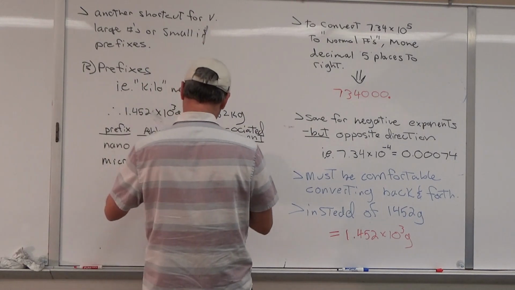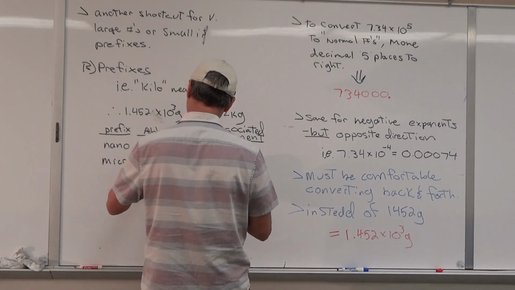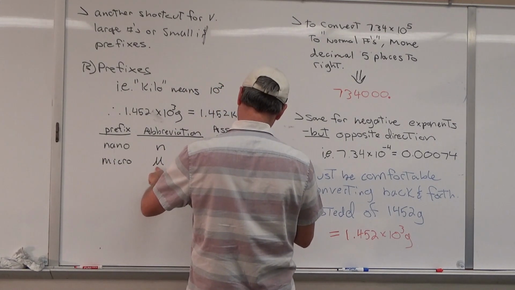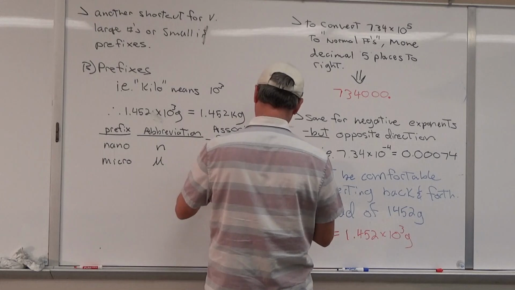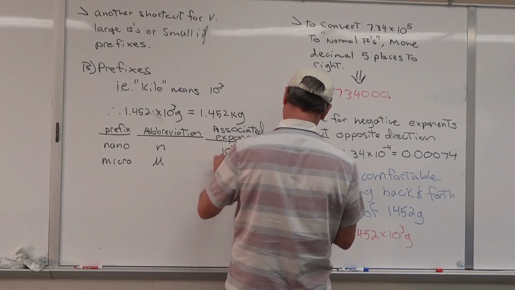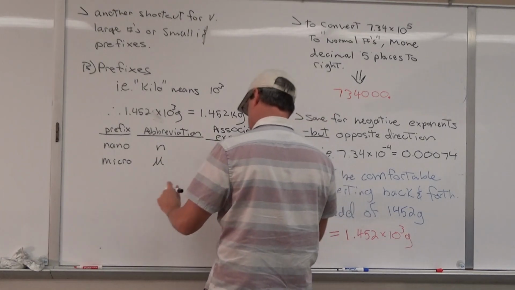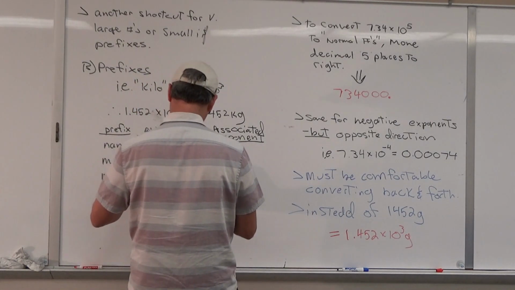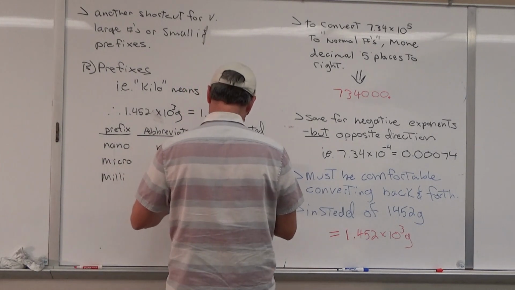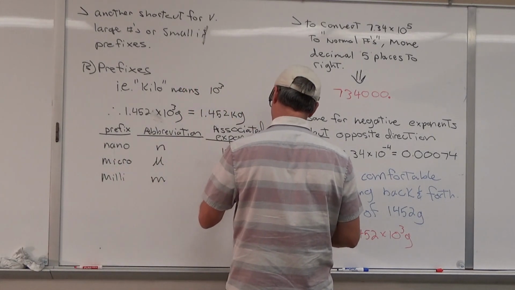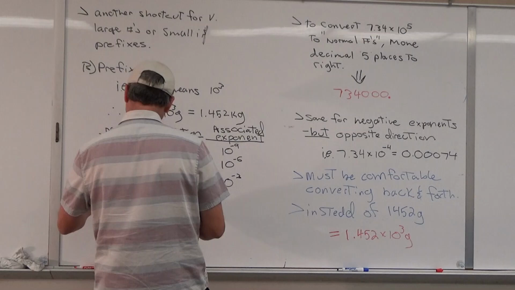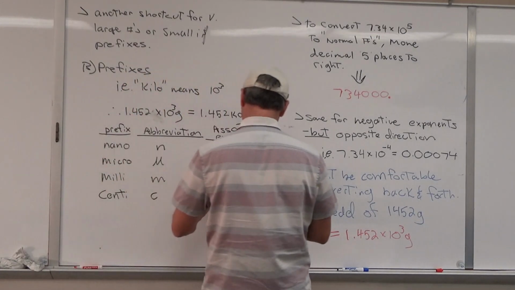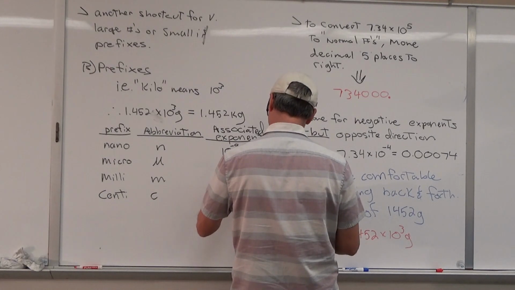Micro, and I'm forgetting what that Greek letter is right now, is 10 to the negative 6. Milli is M, and that's 10 to the negative 3. And centi is C, 10 to the negative 2.